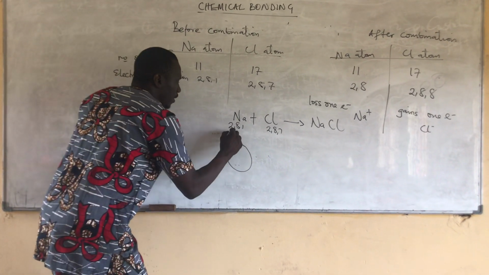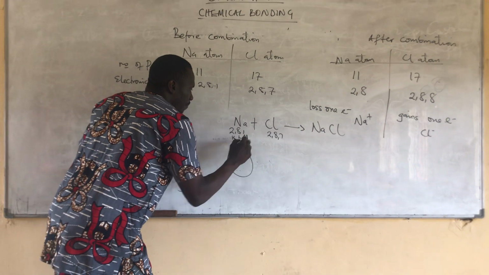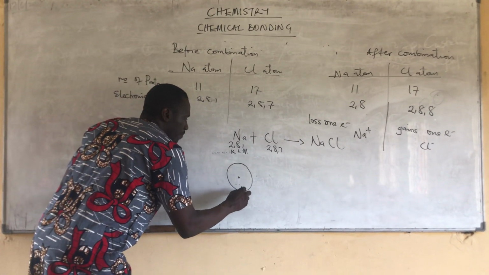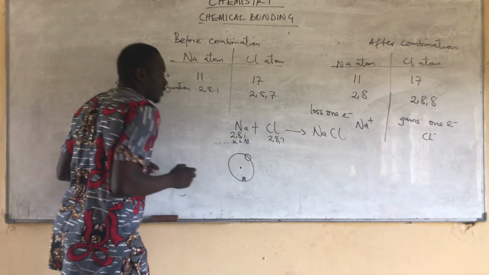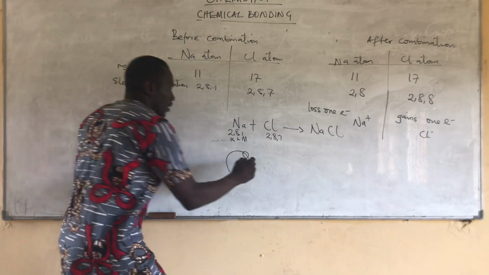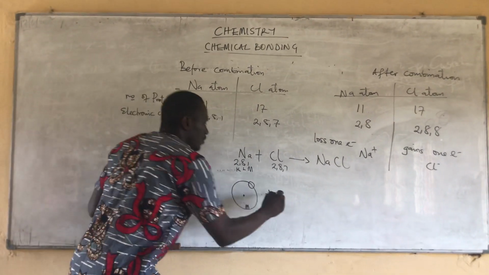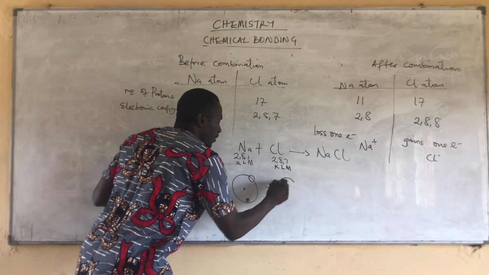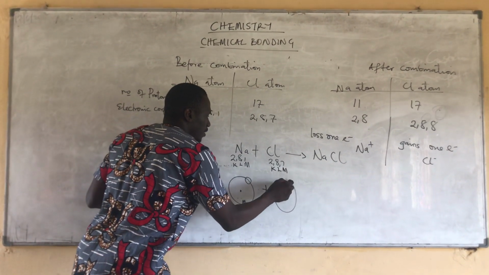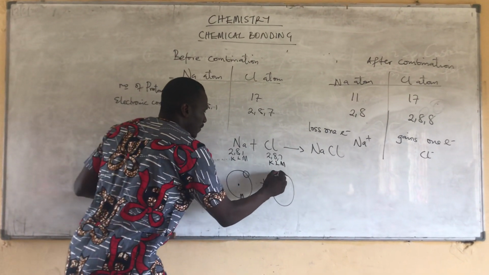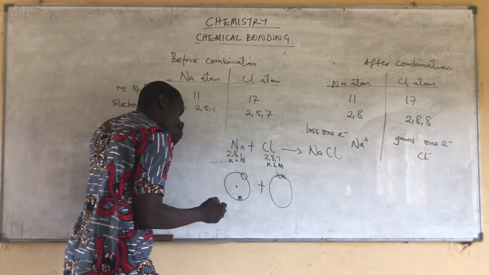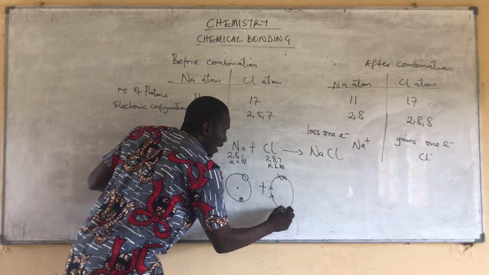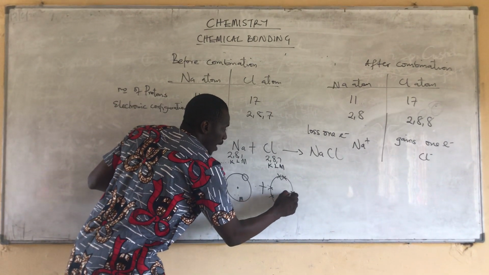We have shell K and N. For the purpose of this class, we are going to be representing only the shell N. So let's represent the 1 electron outside, plus the chlorine shell K, N, and N. Let's talk about the outermost shell that is combining. So 7 using star symbol: 4, 5, 6, and 7.